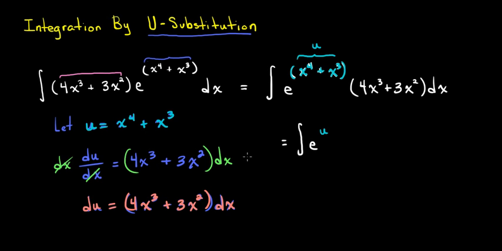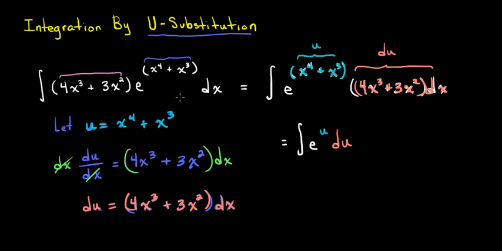So this whole thing is sitting right here inside our integral, and we also have that dx to go along with it. So this whole thing can get replaced with du. So instead of writing e to the u times all this mess, I can simply write e to the u du.